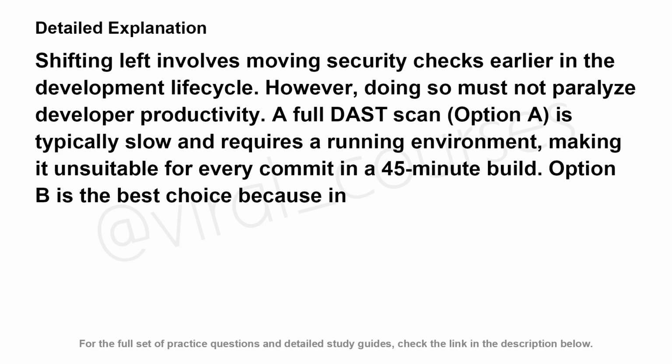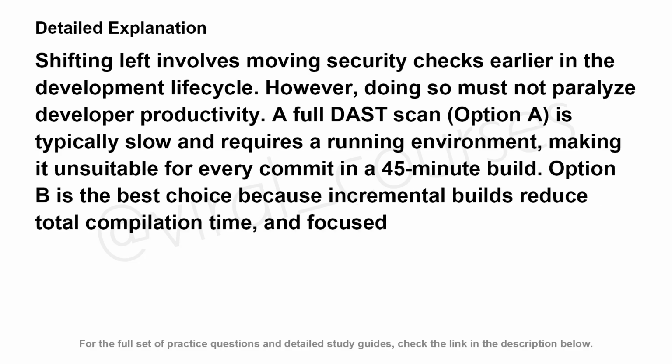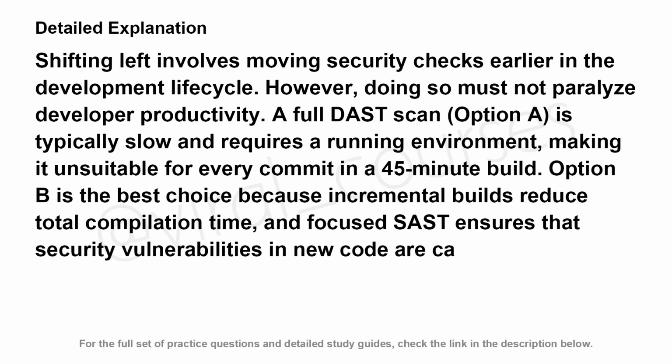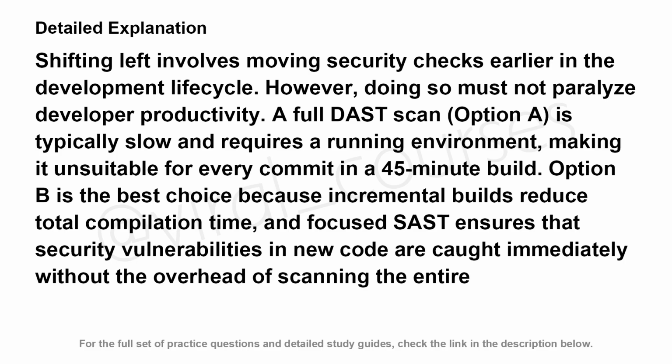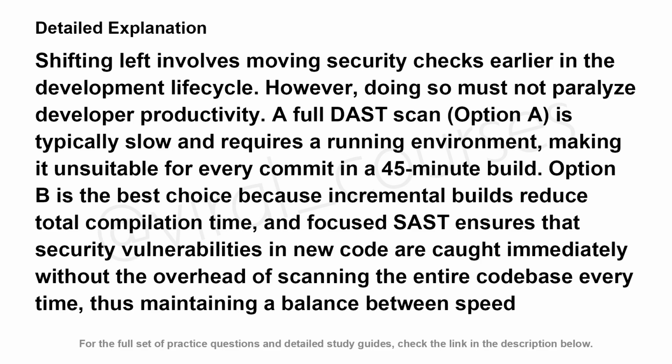Option B is the best choice because incremental builds reduce total compilation time, and focused SAST ensures that security vulnerabilities in new code are caught immediately without the overhead of scanning the entire codebase every time, thus maintaining a balance between speed and security.